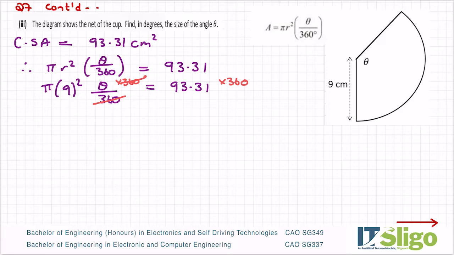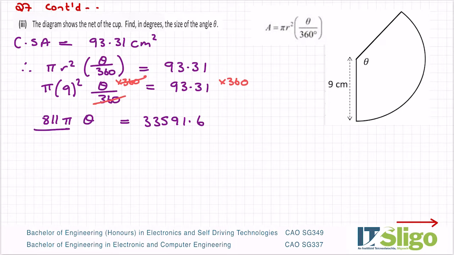To get rid of it from the left, 9 squared is 81, so 81 pi by theta is equal to 93.31. 93.31 multiplied by 360, I'm getting 33591.6.